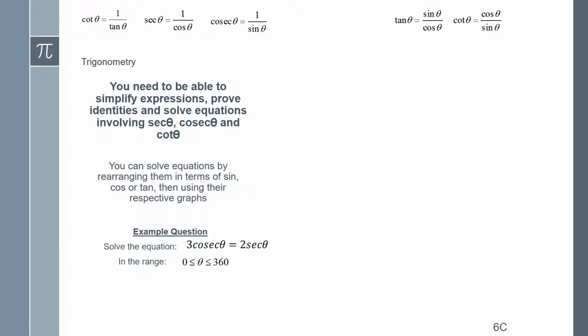Solve the equation 3 cosec theta is equal to 2 sec theta in the range 0 to 360. Well, let's tidy it up. Cosec is 1 over sine, so it's 3 over sine theta. Sec is 1 over cos, so 2 sec theta is 2 over cos theta. Not keen on those denominators, so let's cross multiply to get 3 cos theta equals 2 sine theta.